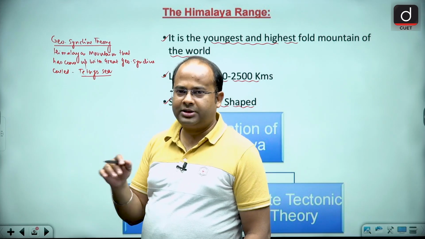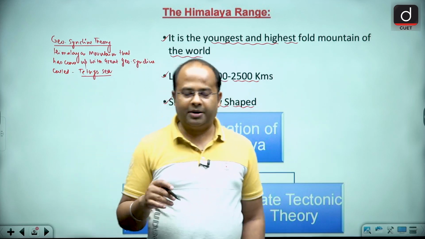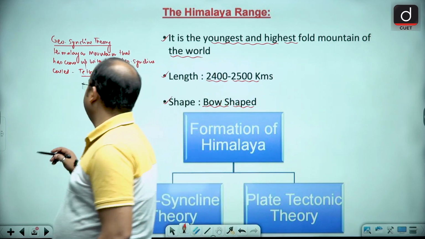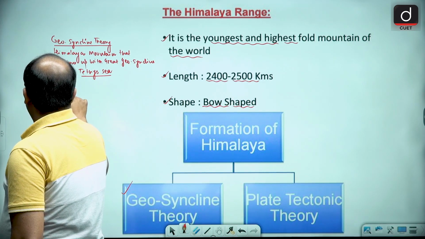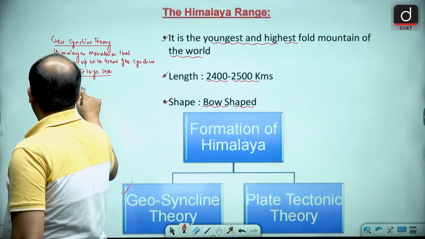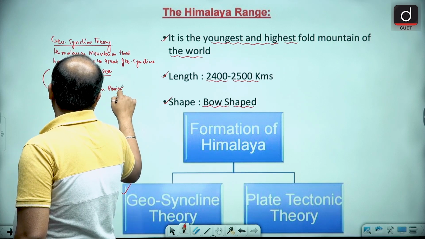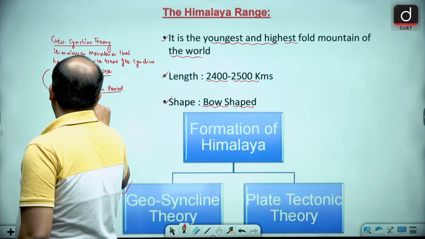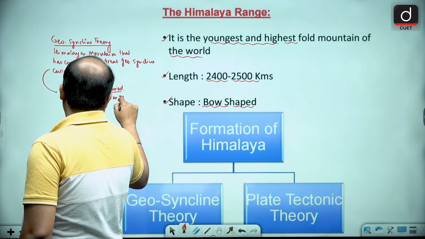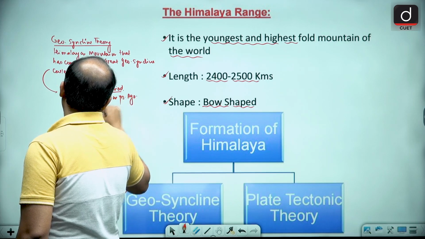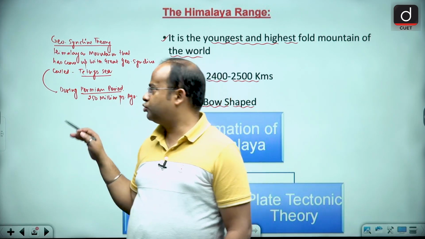And guys, how did this theory come? It is said that during the Permian period, around 250 million years ago, my dear learners, there was a supercontinent.